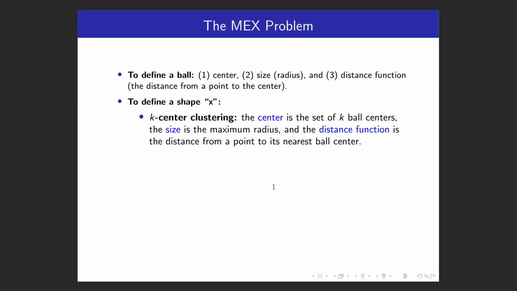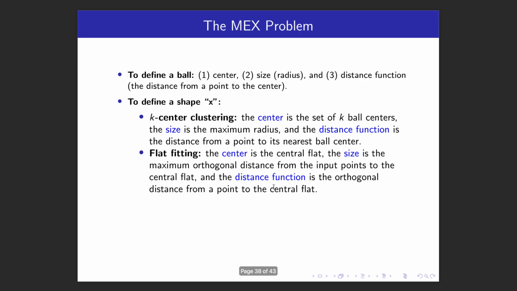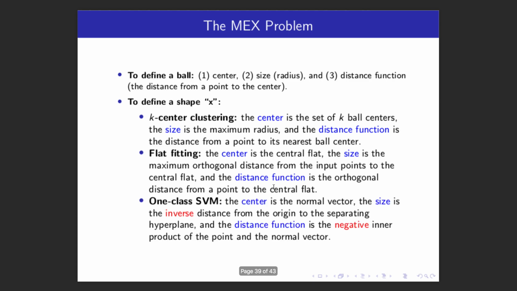And also, the distance function should be the distance from a point to its nearest ball center. And for flat fitting, the center should be the central flat, and the size should be the maximum orthogonal distance from the input points to the central flat, because we want to minimize the maximum orthogonal distance. And the distance function is the orthogonal distance from a point to the central flat.